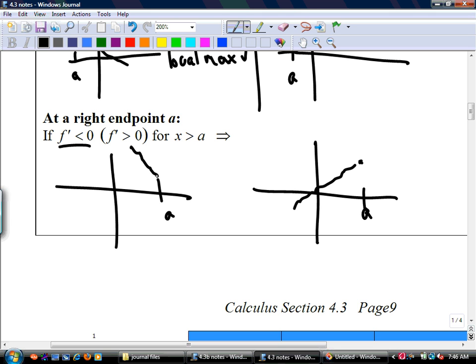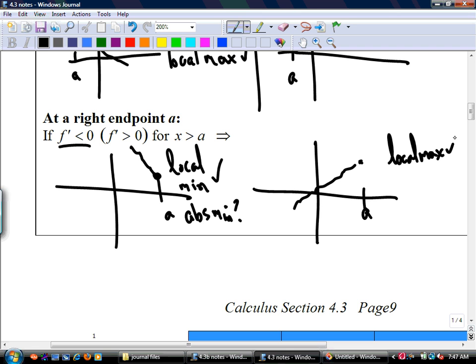So local min, check, absolute min, maybe. Local max, check, absolute max, maybe.